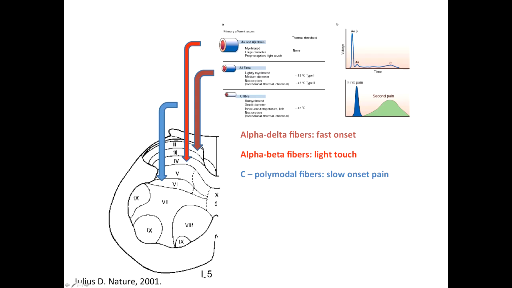And these different subsections are called laminae. And what's interesting is that the pain fibers traditionally will synapse in laminae 1 and 2. The light touch fibers will actually terminate or synapse in laminae 3 and 4. And then these C polymodal fibers, the long-lasting late onset pain, will actually terminate in laminae 5 and 6.